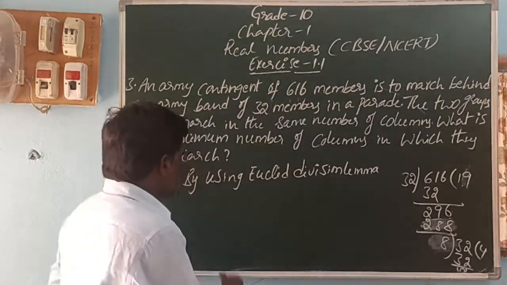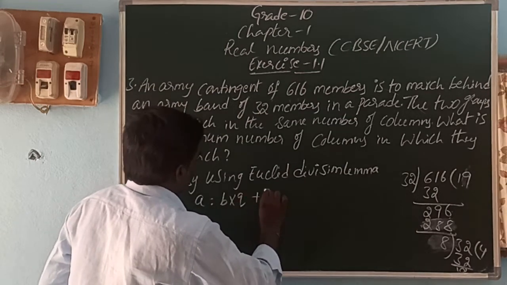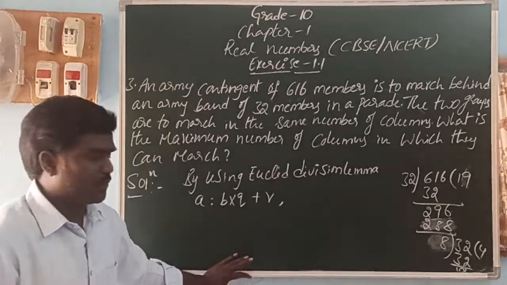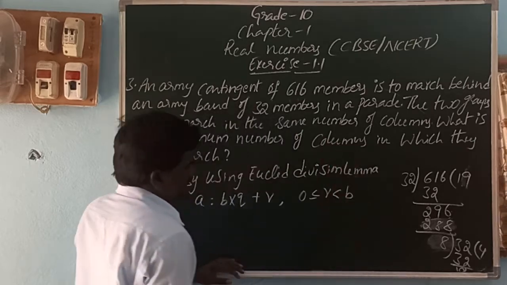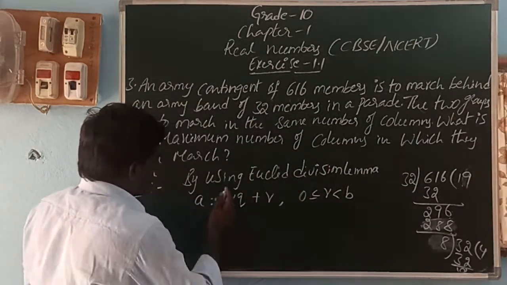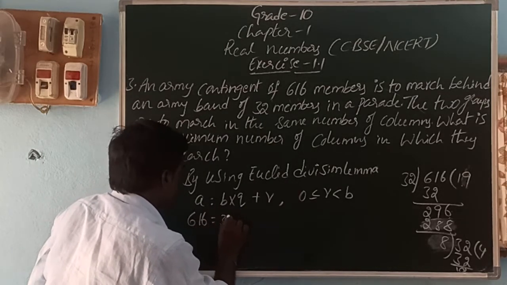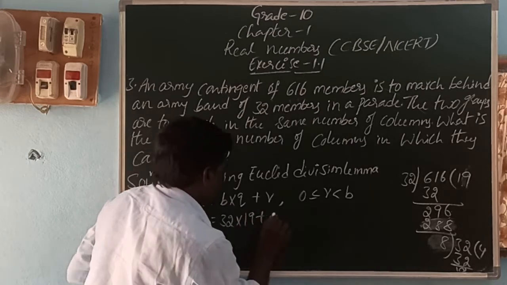8. Okay, by using Euclid division lemma, a equals b into q plus r. The remainder condition is that it is greater than or equal to 0 and less than the divisor, so 0 less than or equal to r less than b. Here, how many times can you use the Euclid division lemma? Twice. So 616 is equal to 32 into 19 plus remainder 8.